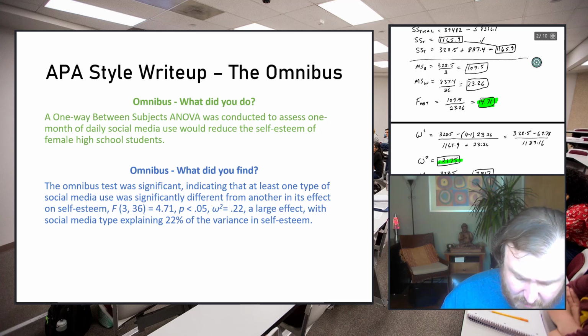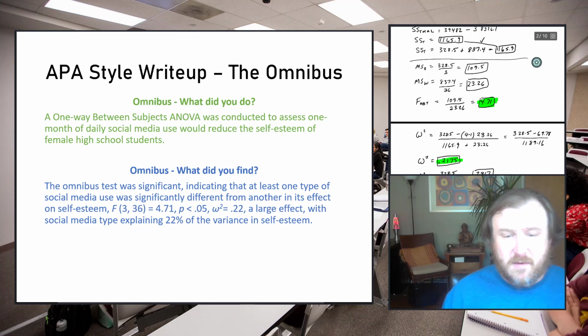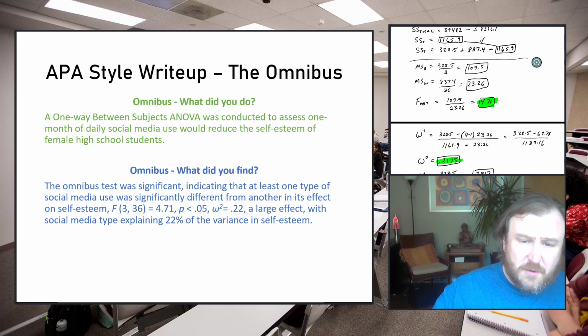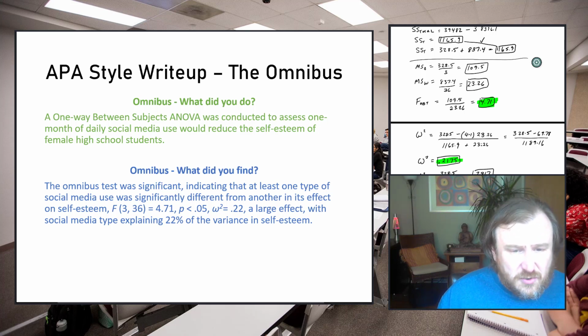We had omega squared is 0.2175, and so you round to 2 decimal points in APA style. And then we interpreted it. When we computed that, we determined it was a large effect. And then you explain what that effect size means, right? And so that means that social media type explained 22% of the variance in self-esteem.